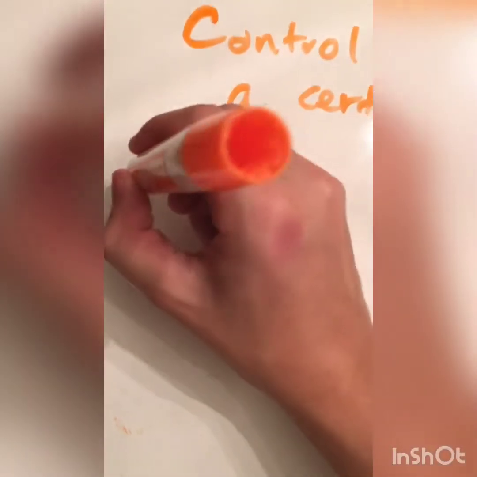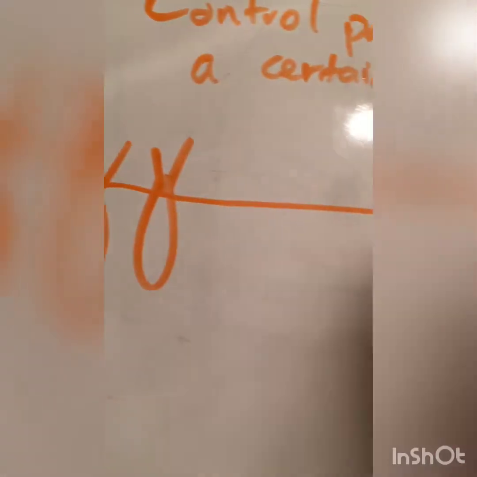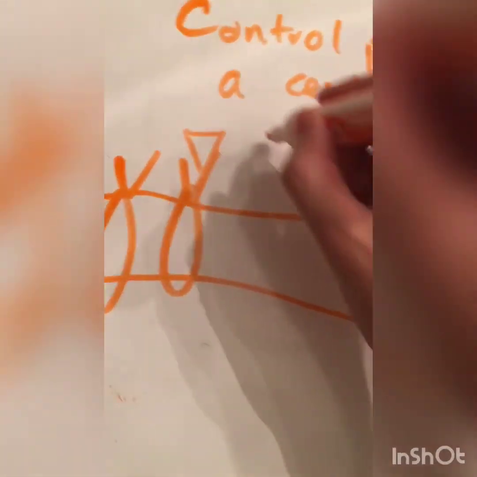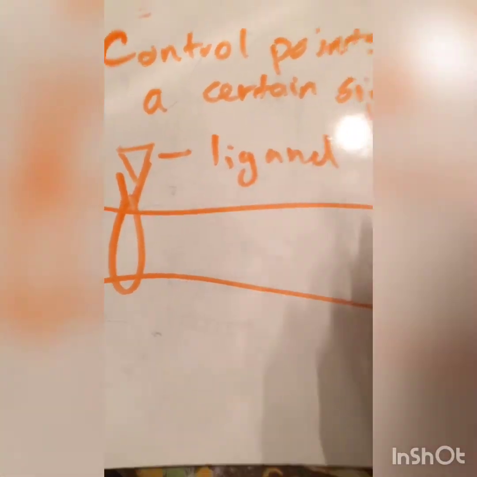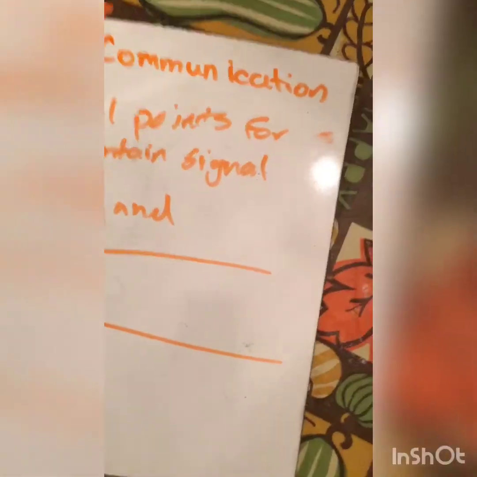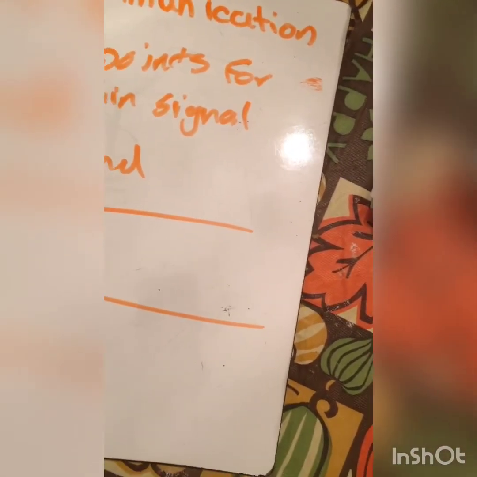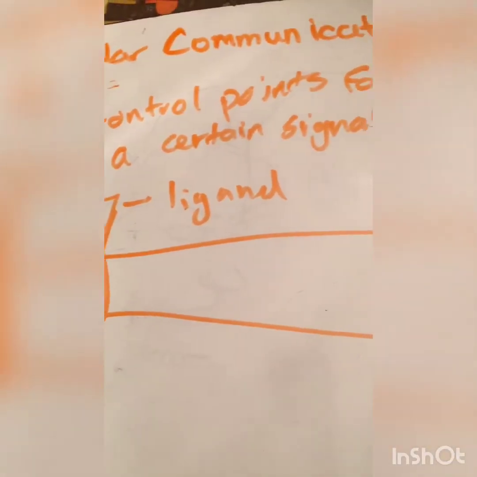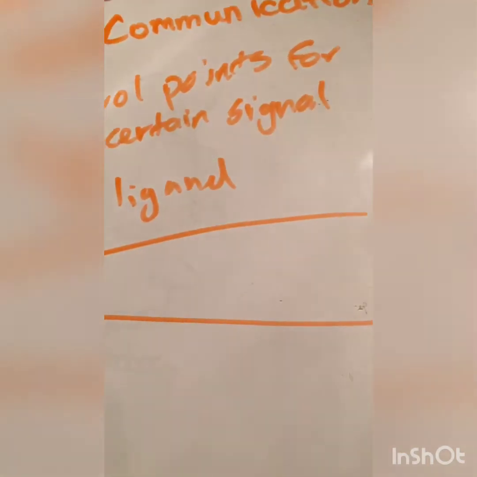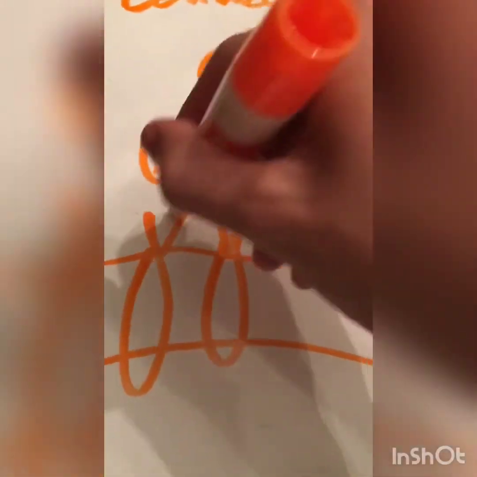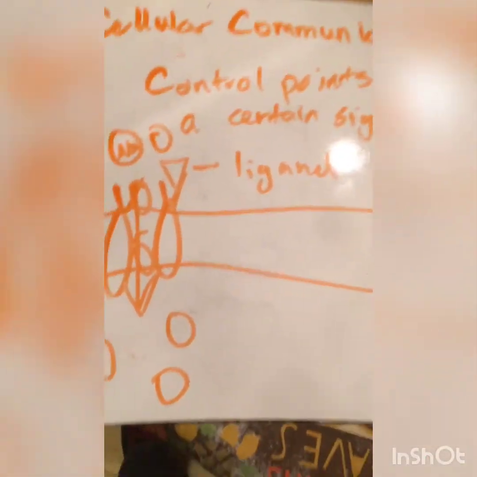What they do is that they again accept a ligand, and what this ligand does is that it allows the gate to open and allow ions, we'll call these maybe sodium ions, to diffuse into the cell, which then allows it to depolarize the cell.